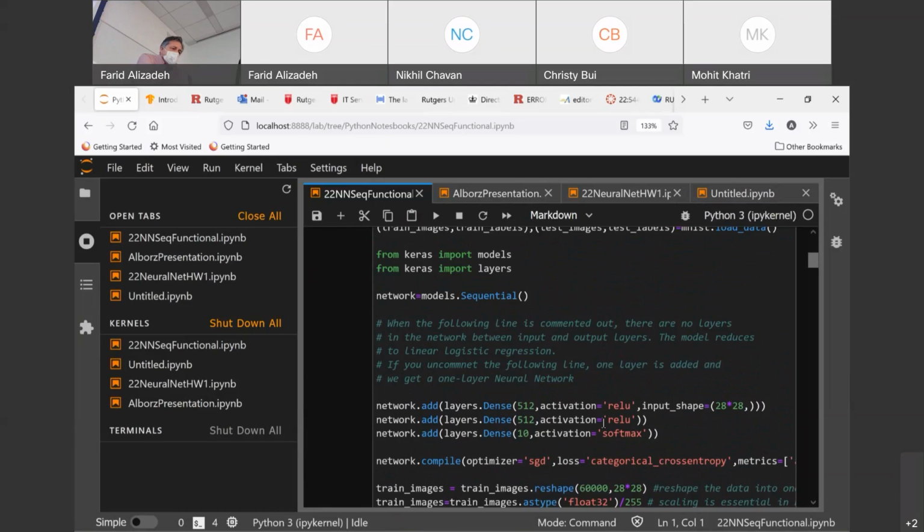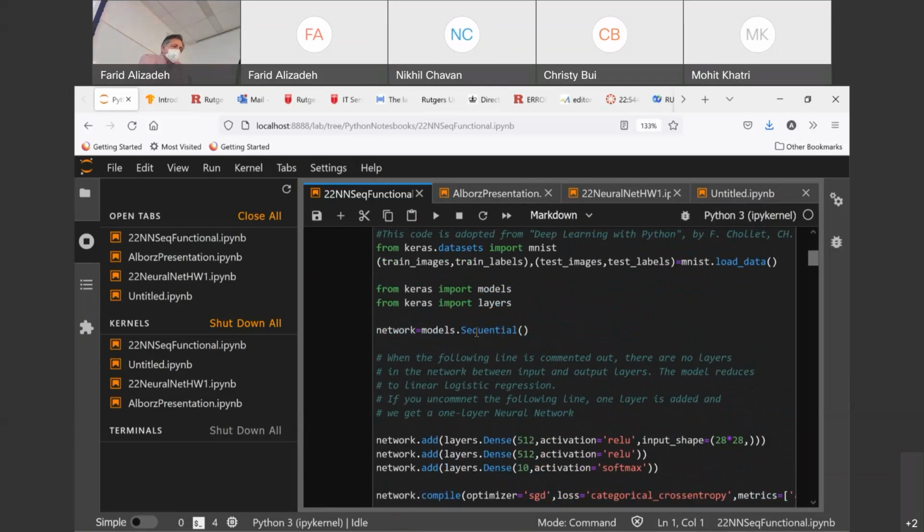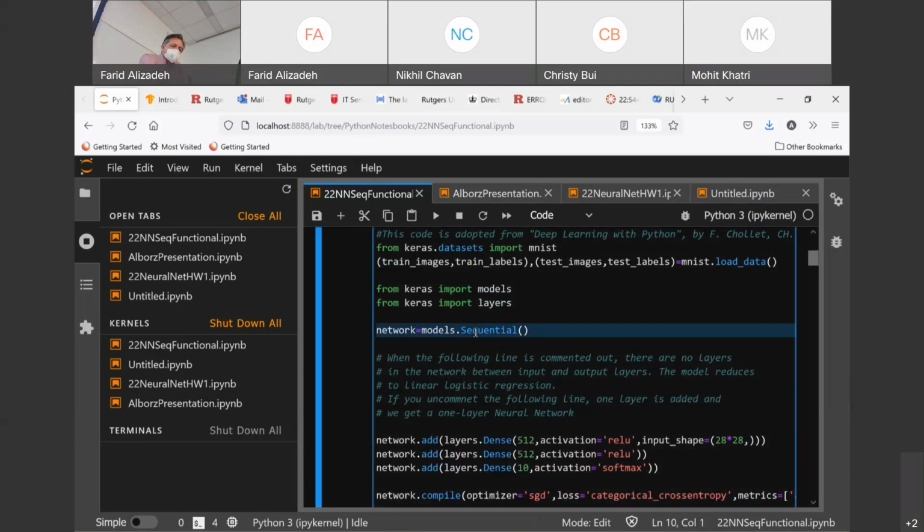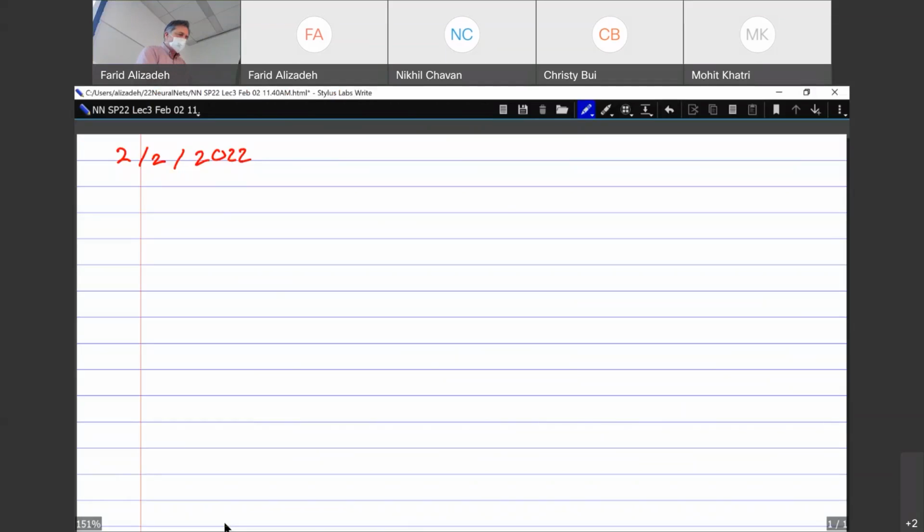So right now, we are looking at what is called the sequential interface. As I probably have said before, it looks like this. Basically, here are your inputs.